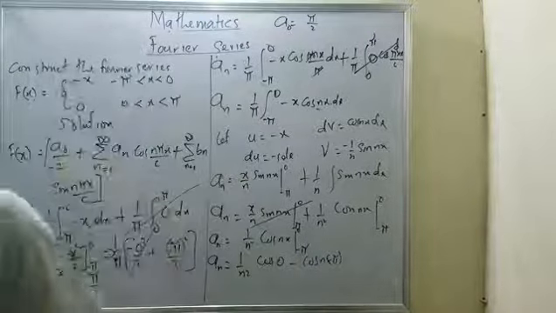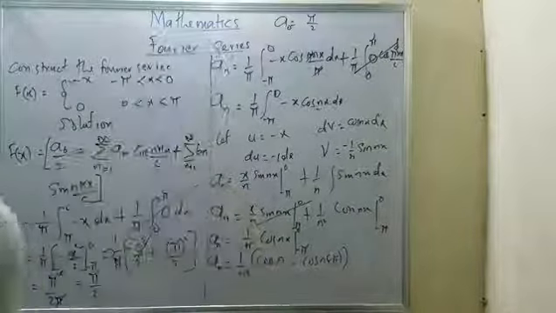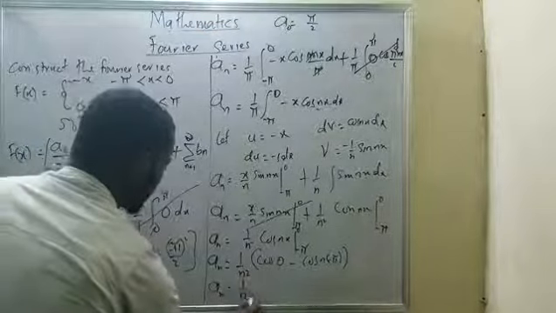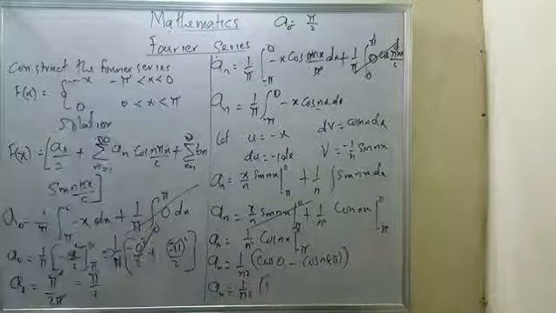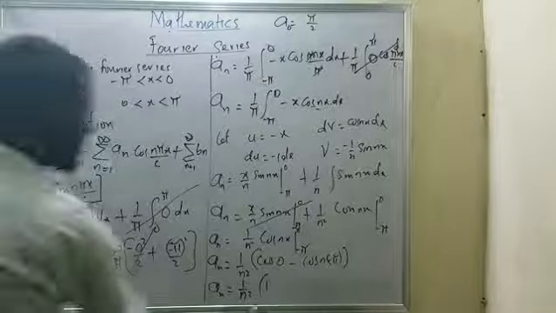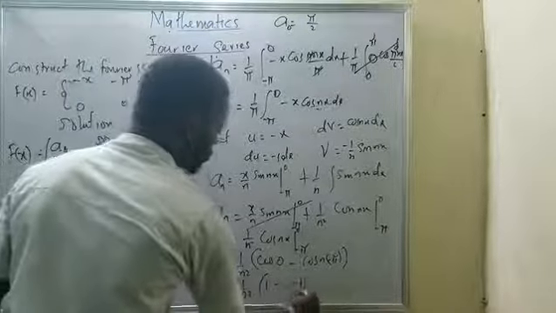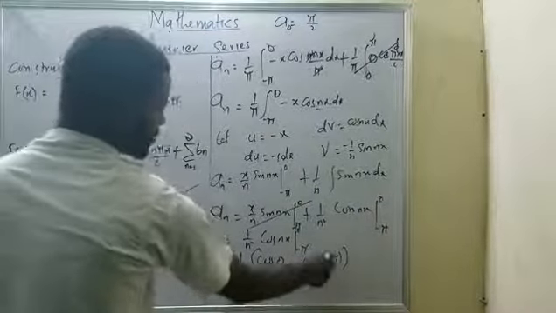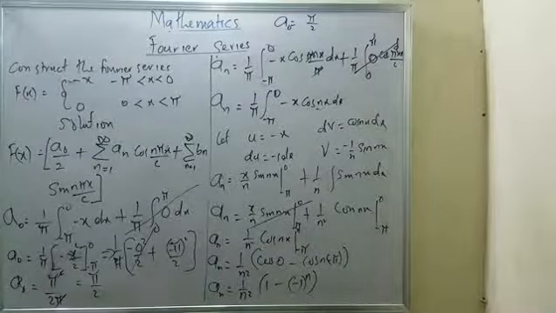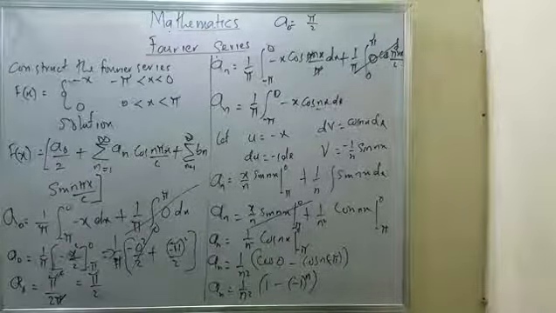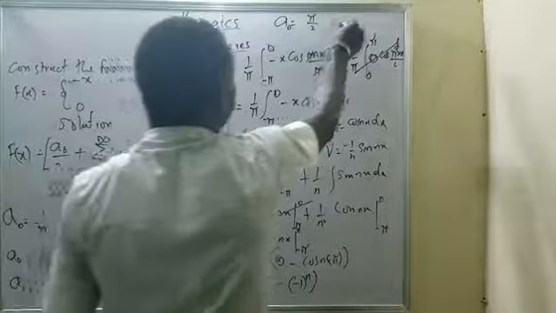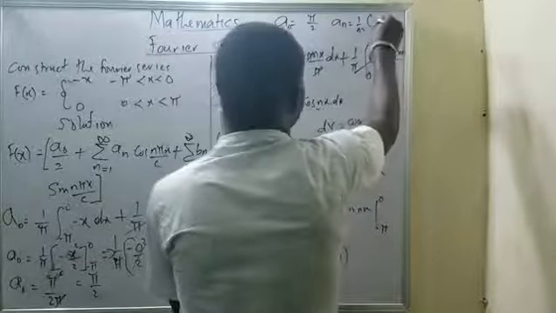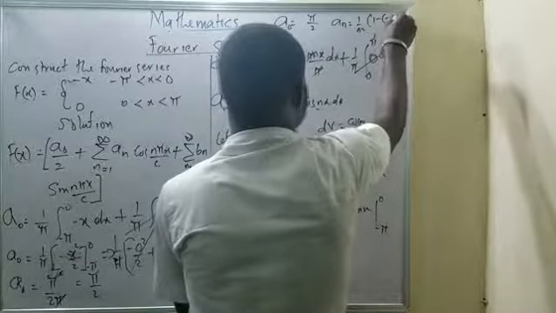We have 1, which is cos 0 equals 1, and this one will be minus 1 to the power of n. So my a of n equals 1 all over n squared, bracket of 1 minus minus 1 to the power of n.